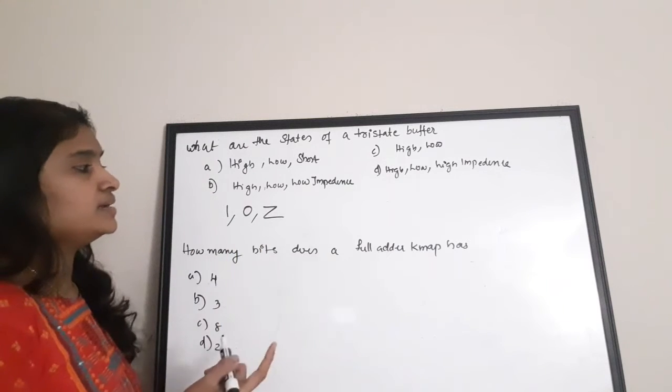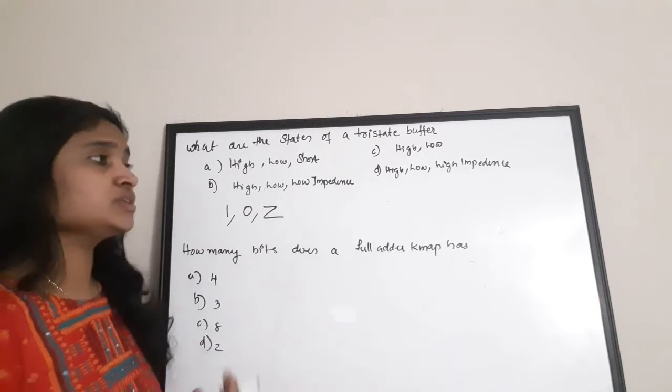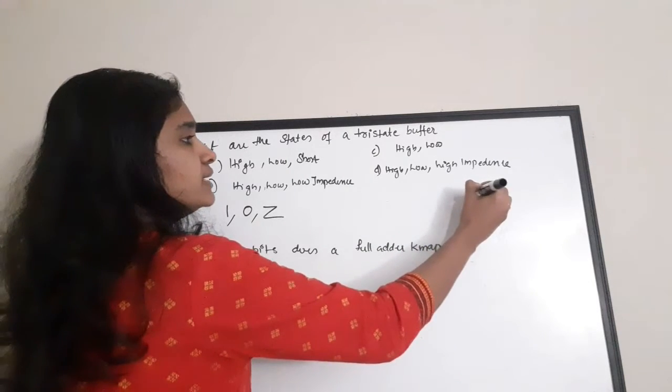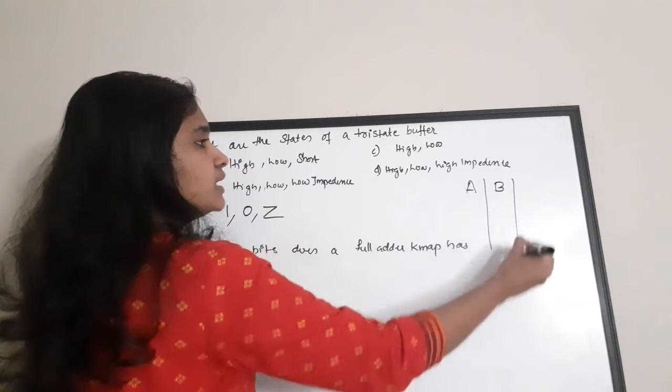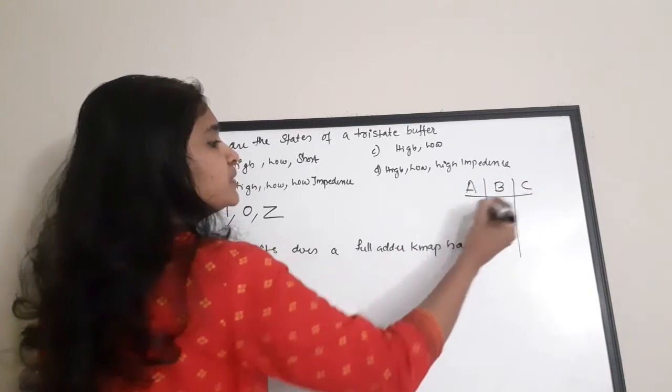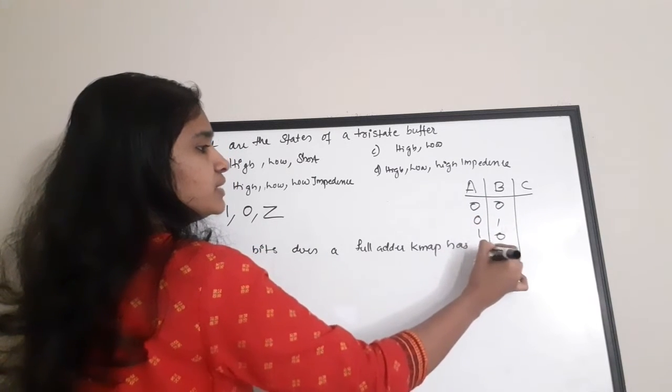Now how this high impedance state is indicated, we can understand from the truth table. Okay, so let this be A, then the value of B, then the output side is C, right? So we'll give the combinations 0, 0, 0, 1, 1, 0 and 1, 1.